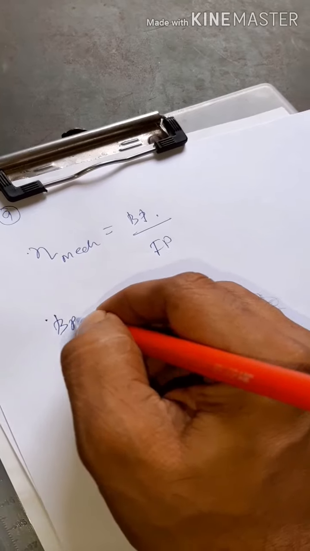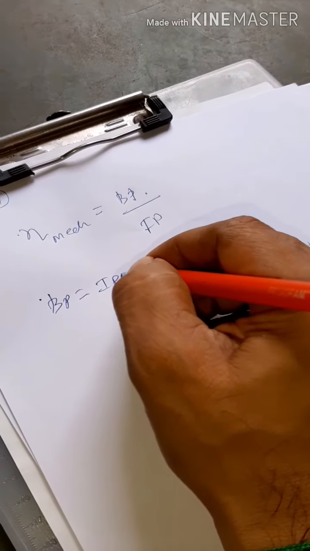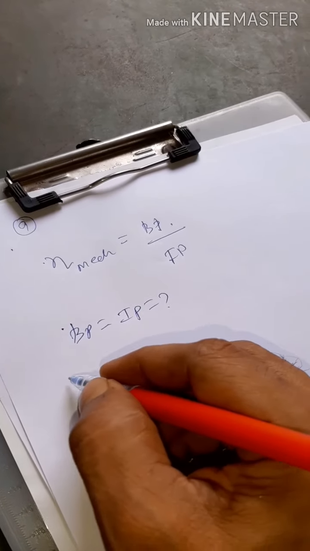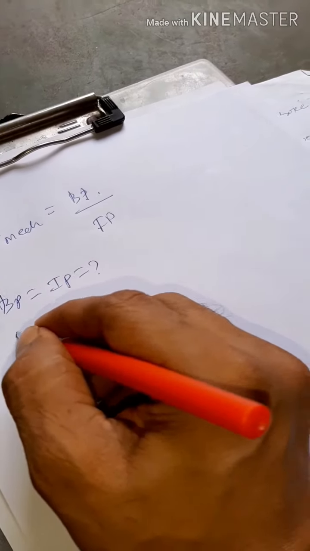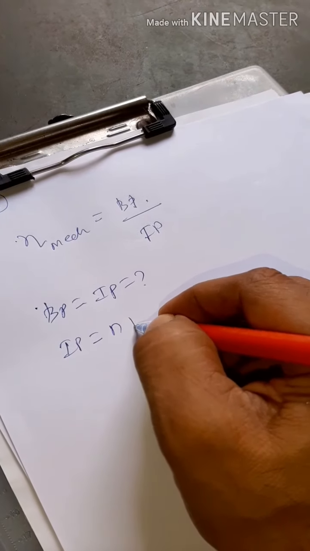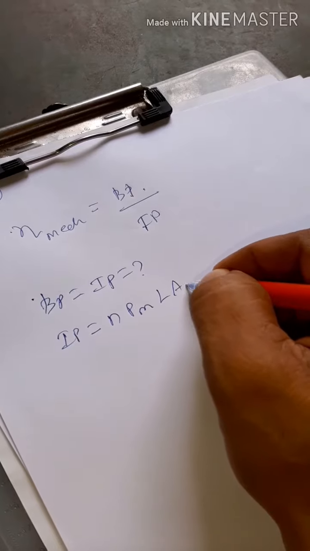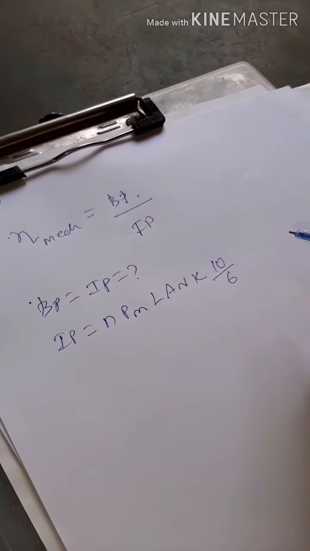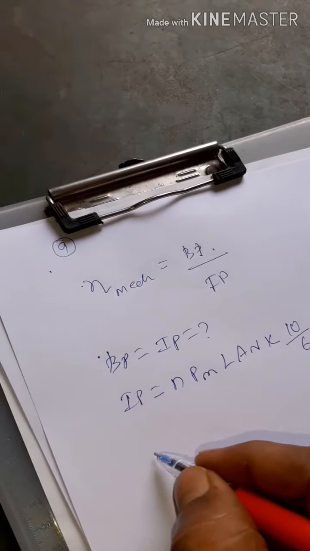So BP and IP are question marks, because we don't know that. But the formula is IP is equal to n PM L A N into 10 to the power of 6. So all these things you substitute.